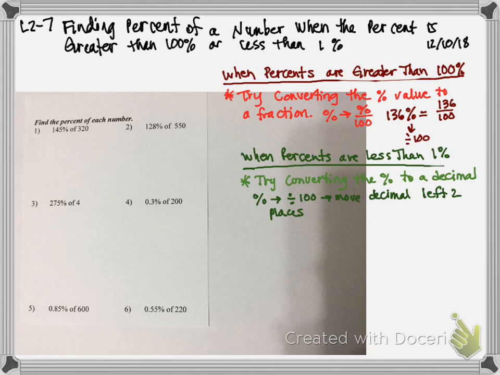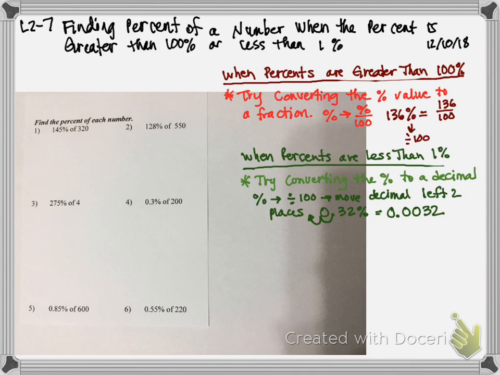Okay, so an example would be, and this was one that was on your quiz, 0.32%, when I divide by 100, I'm going to move the decimal point left 2 places. So I'm going to fill up the blank with a 0, so we get 0.0032. Okay, so those are just some suggestions I have.